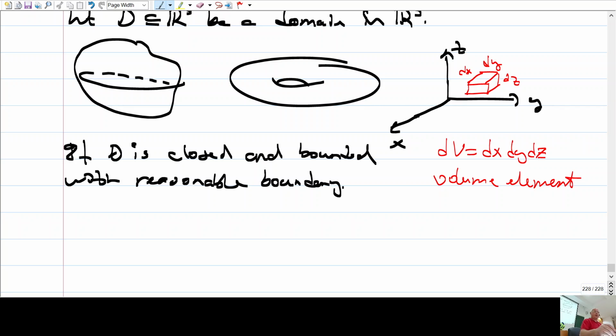Reasonable boundary means something like this. It is not... how to say? Something like this on the boundary.